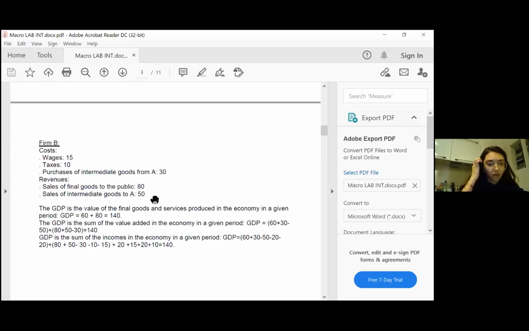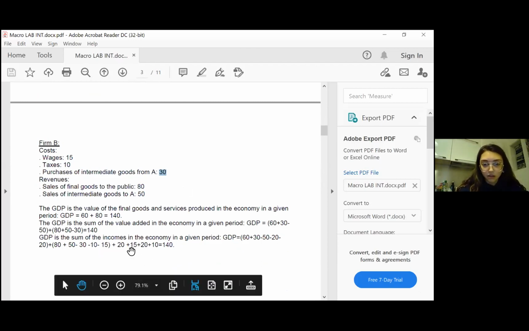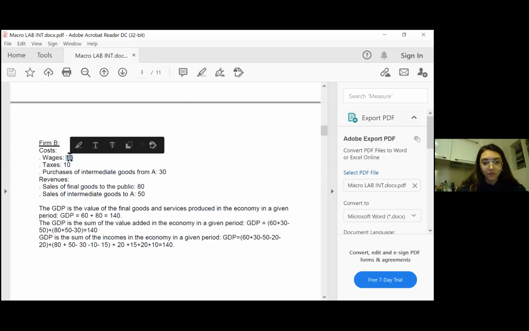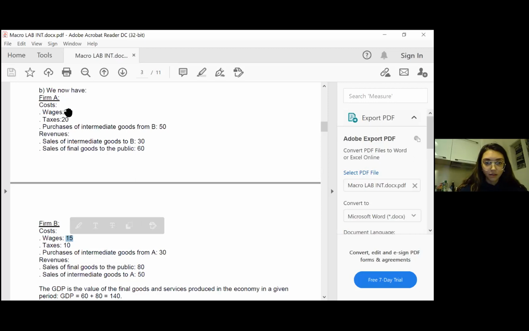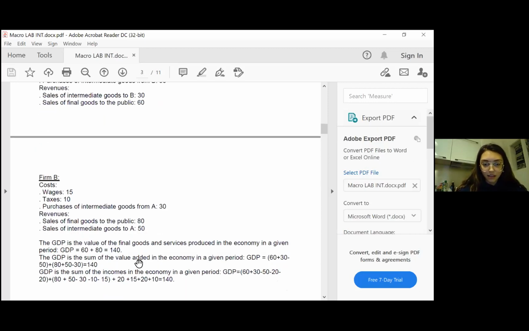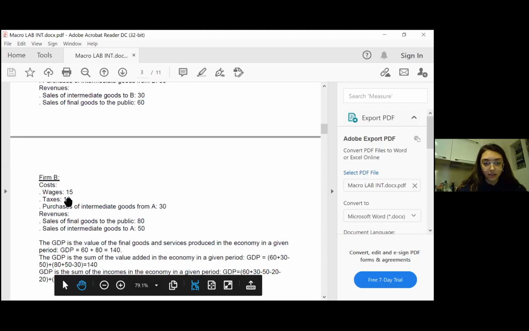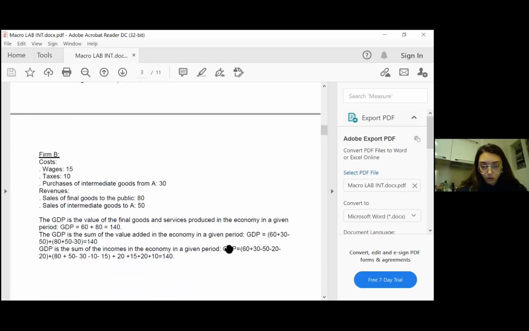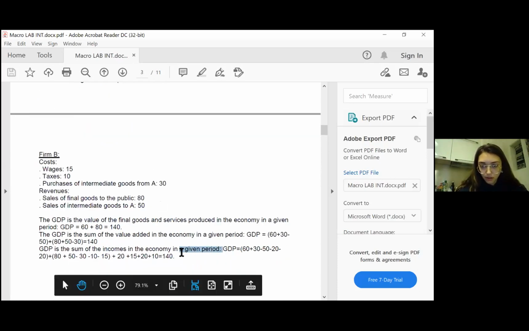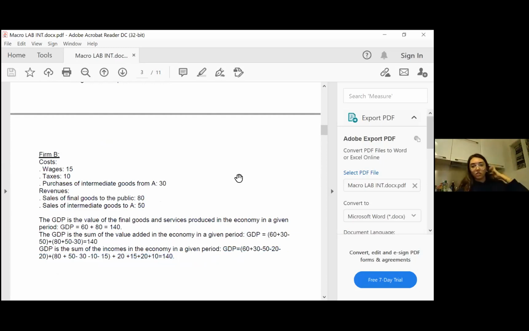Then the income from firm B is going to be other revenues, 50 plus 80, minus other costs, minus 15 of wage, minus 10 of taxes, and minus 30 in purchases. Then on top of that, you add also the income from the workers, so the wages, plus 15 and plus 20. And then you add the income from the government, so the taxes, plus 10 and plus 20. So you end up with still 140, which is good.